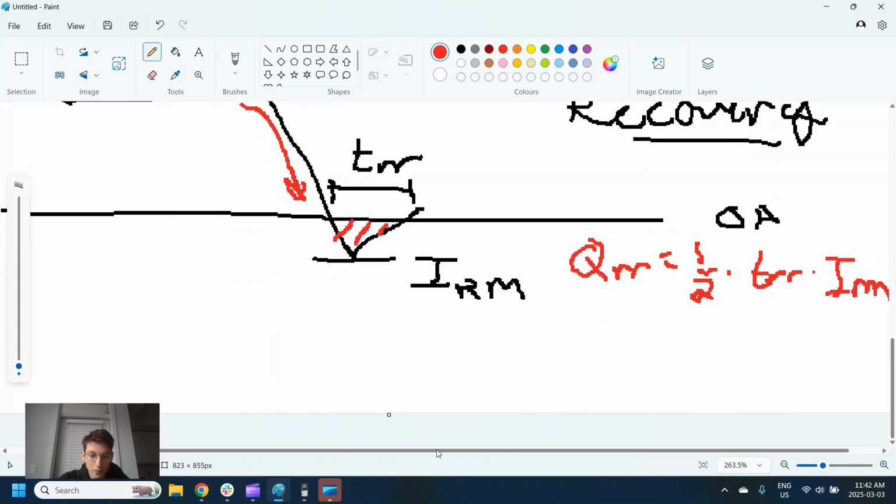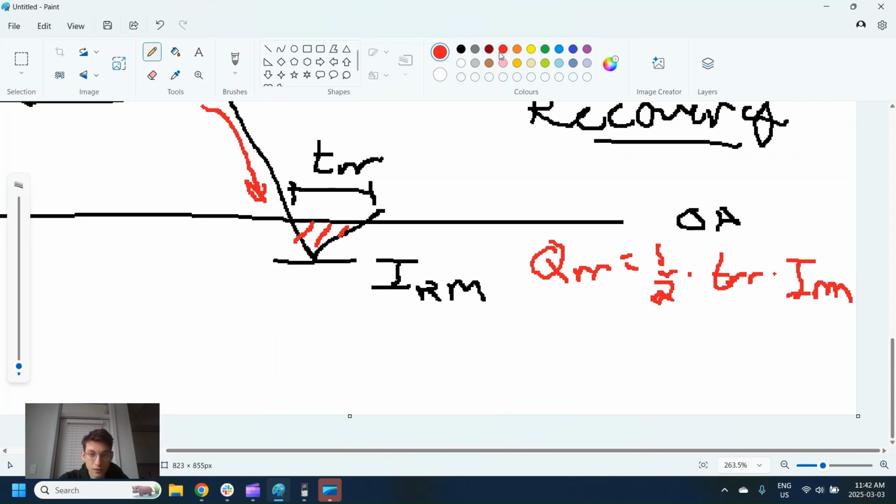And we want to go from Q to something more useful, which is power. So to get our power, we take QRR times our reverse voltage.